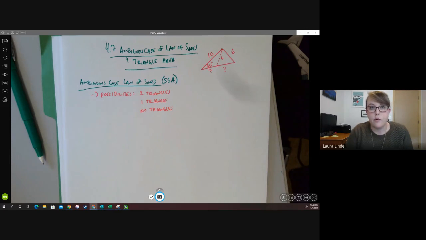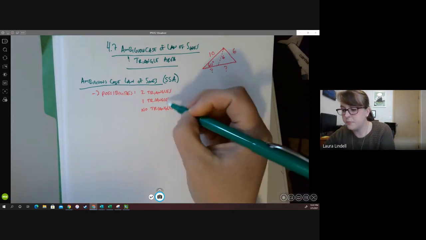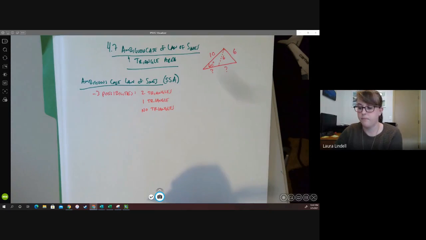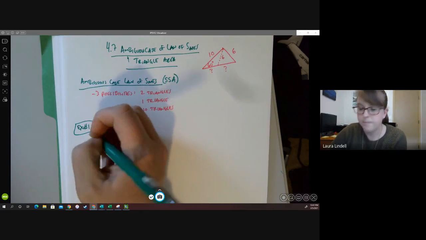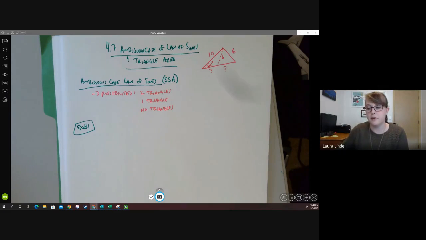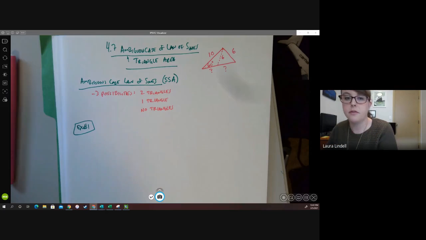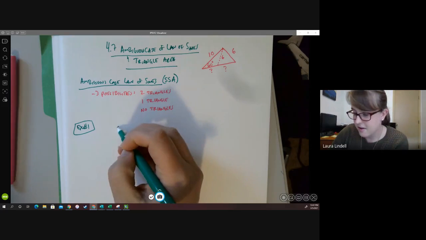And in order to find out which possibility you're working with, you have to start solving it using law of sines. So that's what we're going to do here. We're going to have an example of each of these possible cases. So first example. And the fun part is you'll get to find out as we go which case we're dealing with.